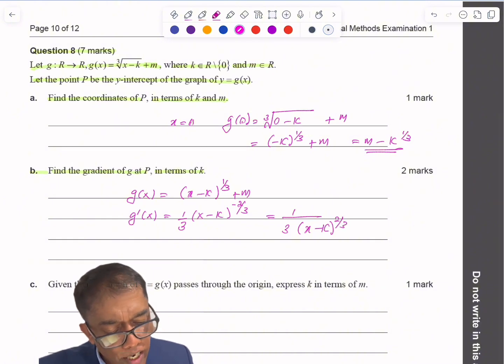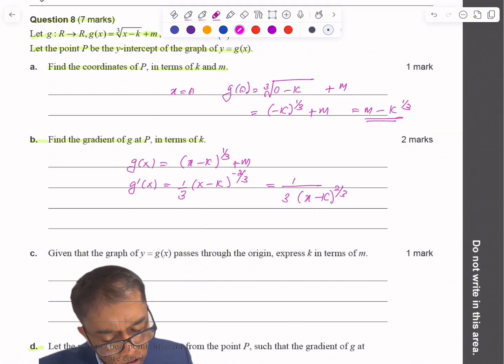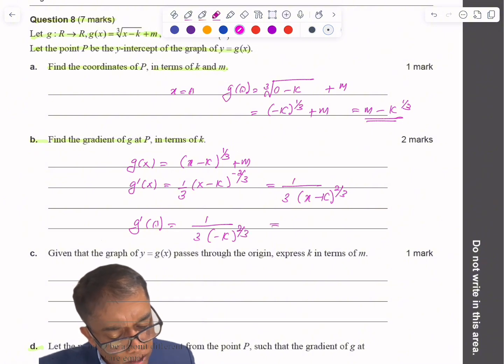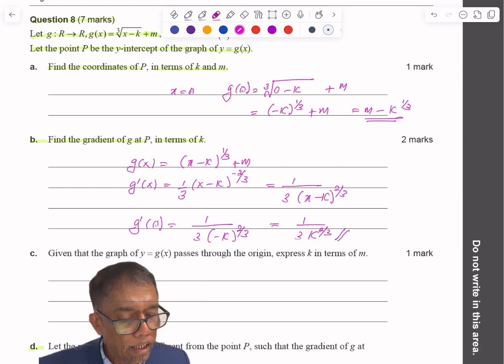But we are asked to find it at P, which means g dash of 0. That is 1 over 3 times negative k to the power of negative 2 over 3, which means 1 over 3 times k to the power of negative 2 over 3. This is the required answer.